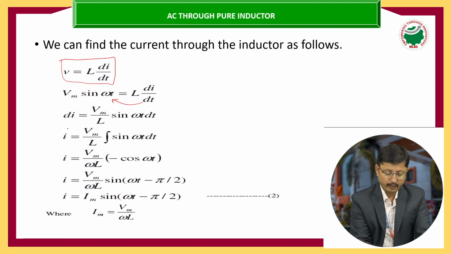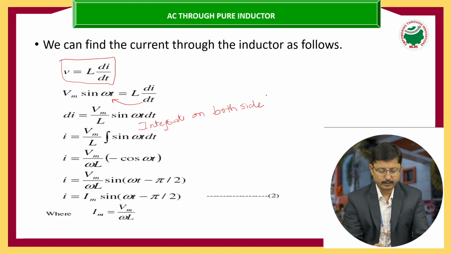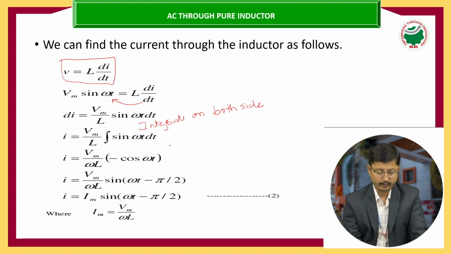Here we have to integrate on both sides. Then we can get the current expression. Current I equals Vm by L into the integration of sin omega t d omega t. The integration of sin is minus cos, and the integration with respect to t gives a factor of 1 by omega.